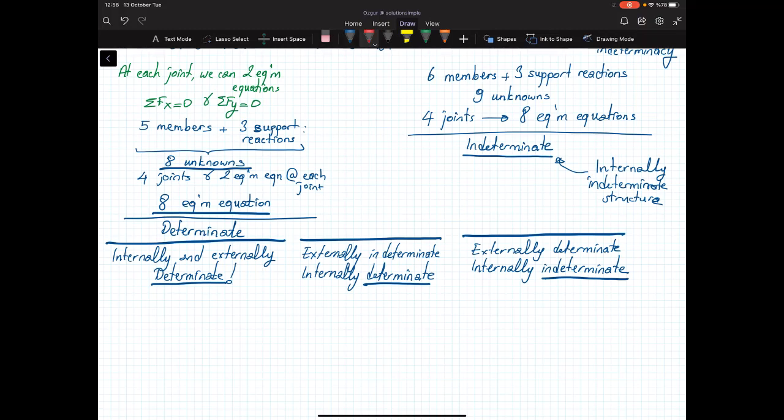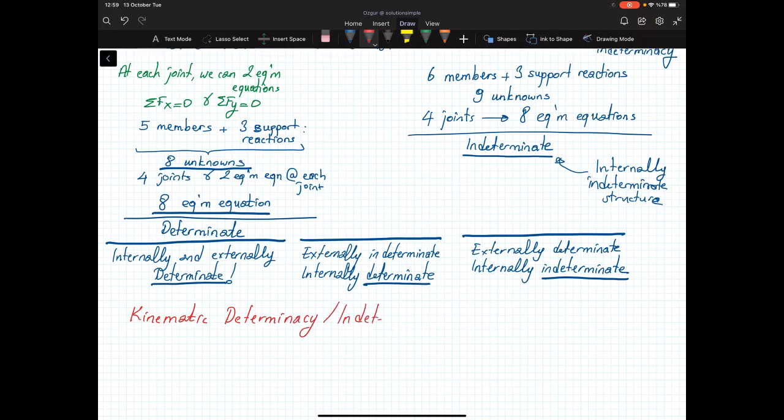What is important for us is not the static determinacy, but the kinematic determinacy or indeterminacy.